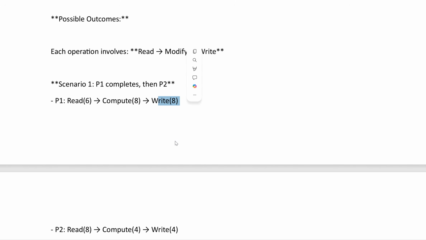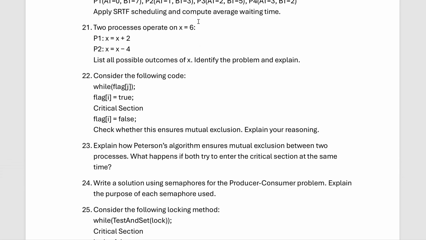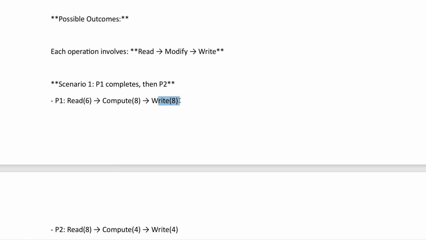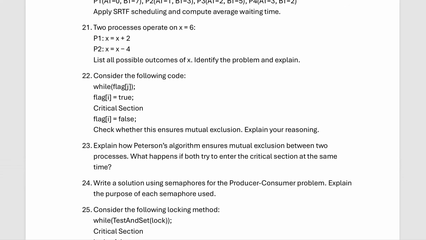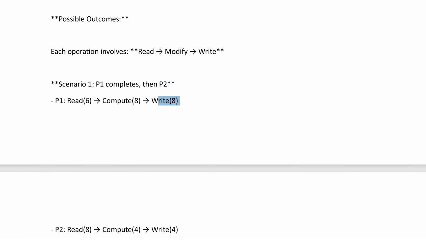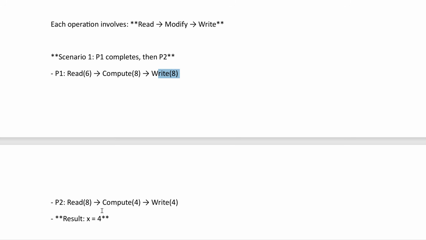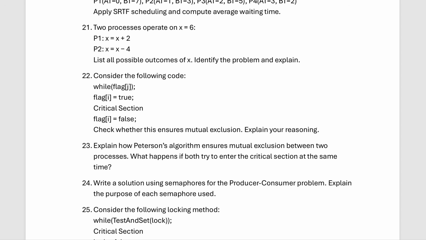Because the value 8 has been written, now P2 will read the value of x as 8, not 6. Please see here, the value of x will not be read as 6 because the value 8 has been written by process P1. So P2 will read the value of x as 8.